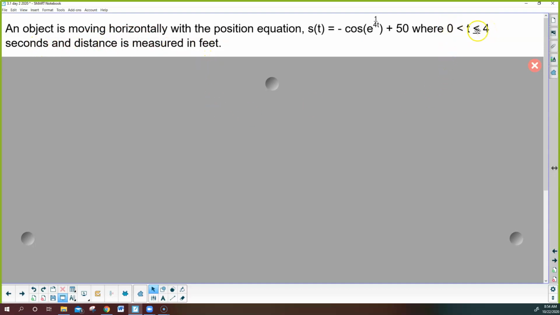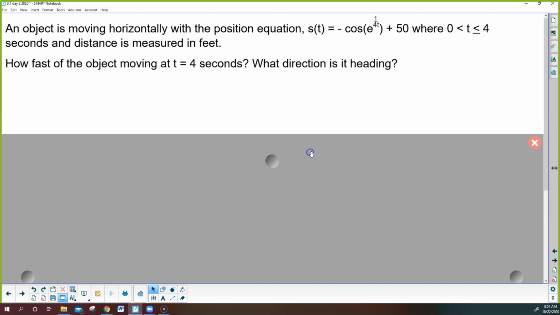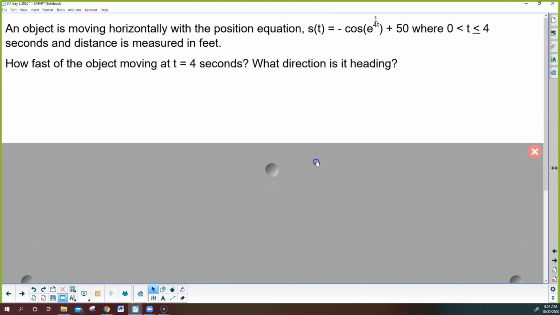So now we know that we're traveling for a total of 4 seconds from 0 to 4, and we know the position. So I could figure out, if I plugged in 0, I could figure out where this object started from. If I plug in 4, I could figure out the position at the end of the 4 seconds. But what I want to do is I want to find out how fast is the object moving.